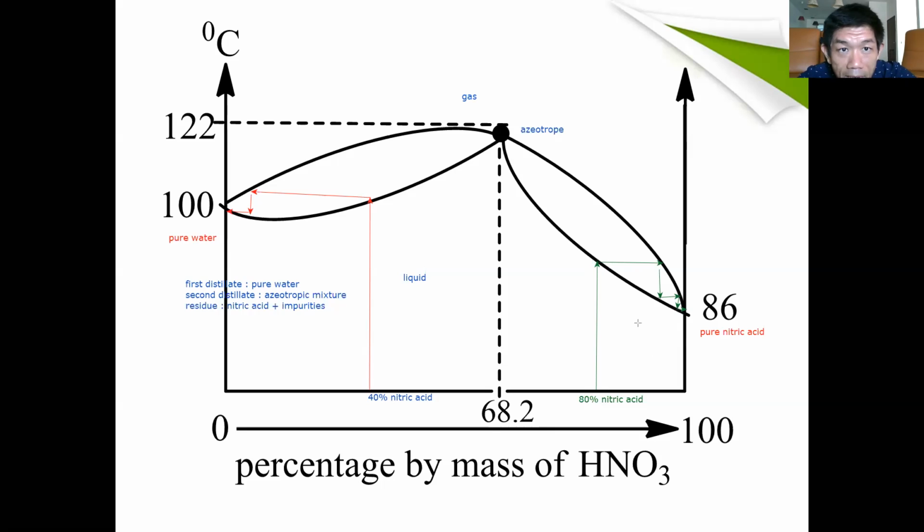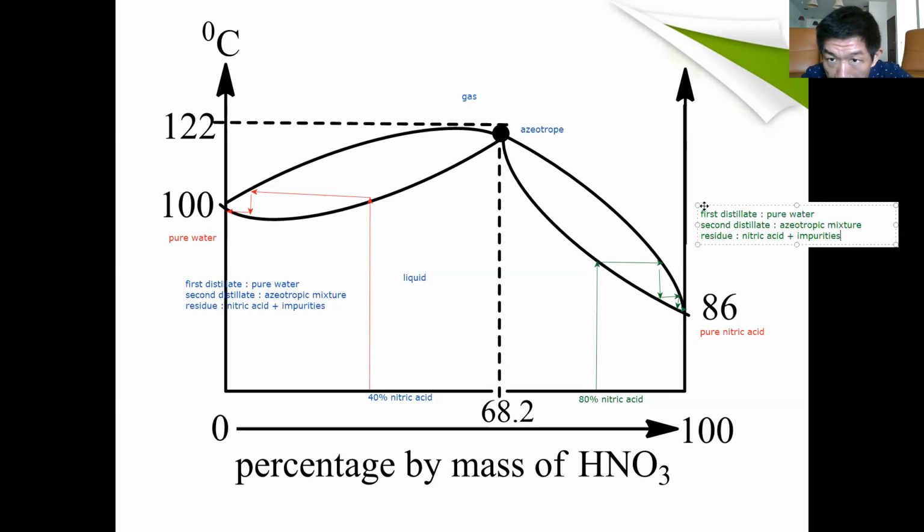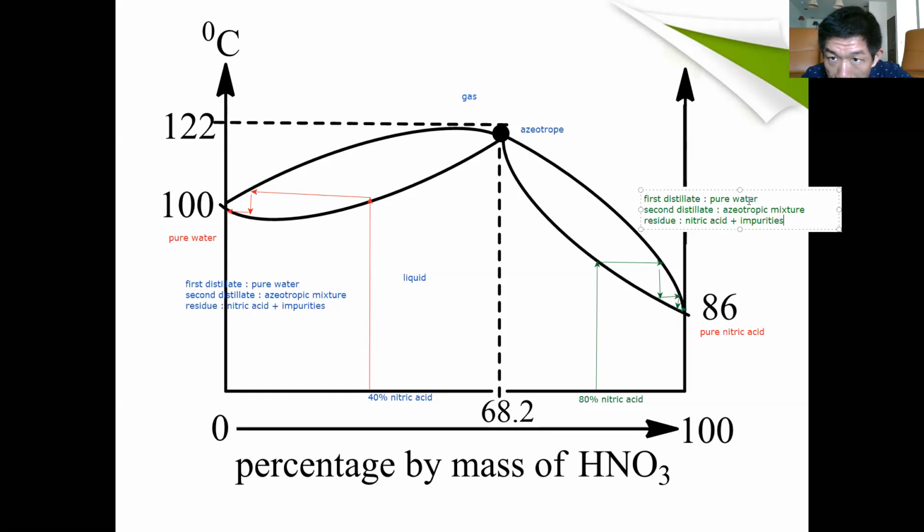As you can see very clearly, when you start at 80%, the first distillate will be pure nitric acid, while the second distillate will be azeotropic mixture, whereas the residue is water plus impurities. So this is what happens if you start at 80% nitric acid.